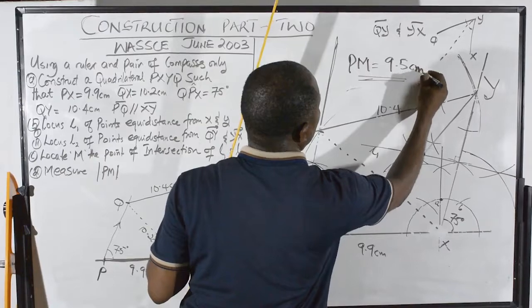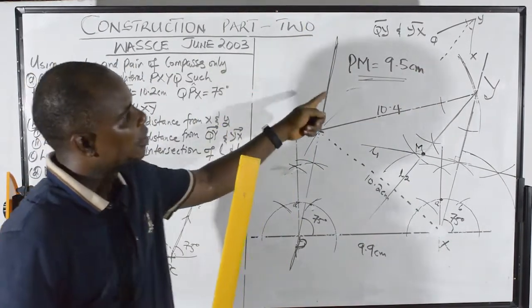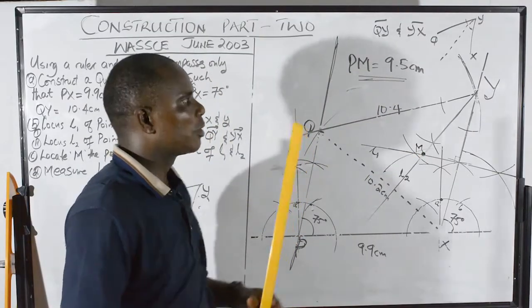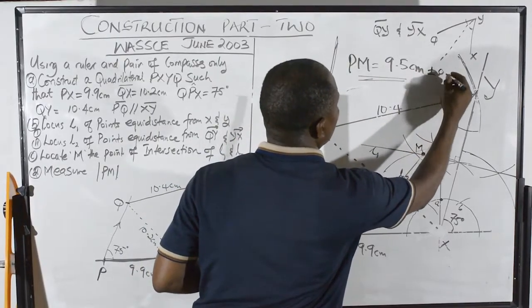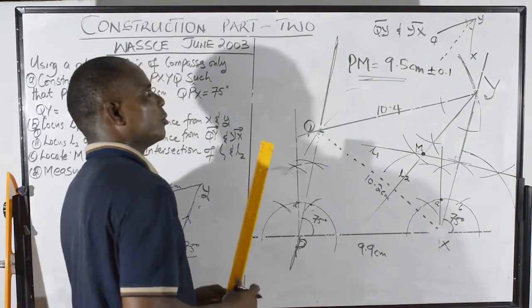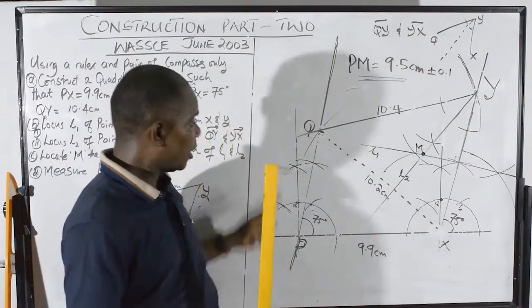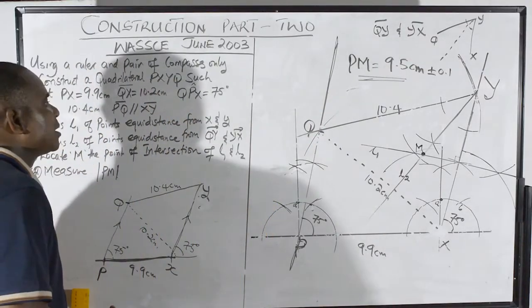So you try as much to use your ruler in your set box, and you see how you can get that figure. So from this distance to here is going to be equal to 9.5, let's say plus or minus 0.1. So if you get 9.4, it means you're correct. 9.6, it means you're correct also. So now let's get the error difference over there. So that is the end of that question.